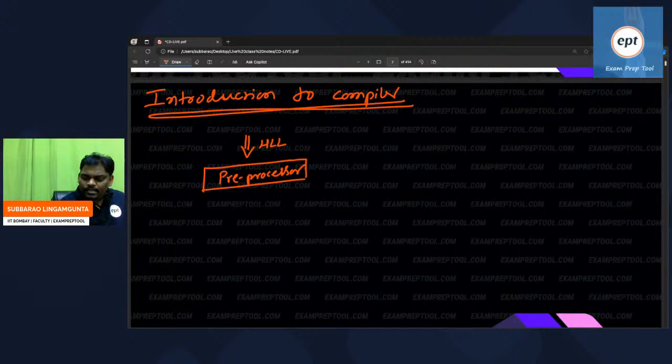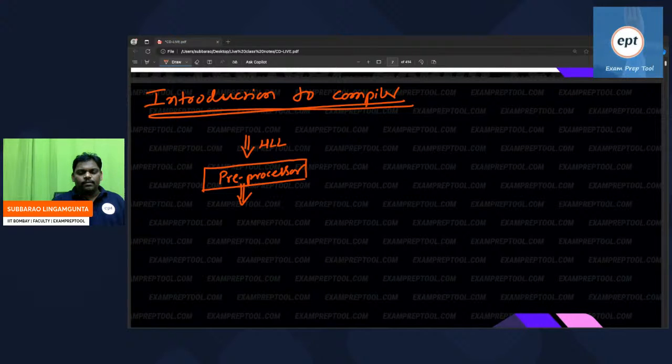Now, can anyone guess what the output will be? Can anyone help me? Input is high level language. Output? Anyone?